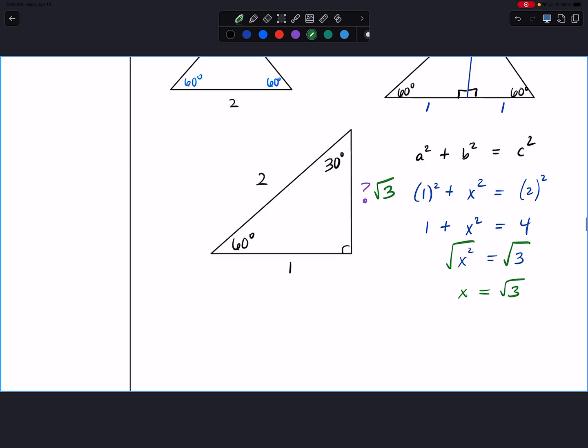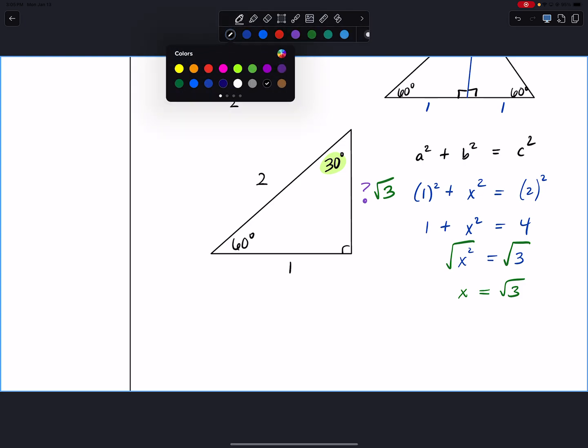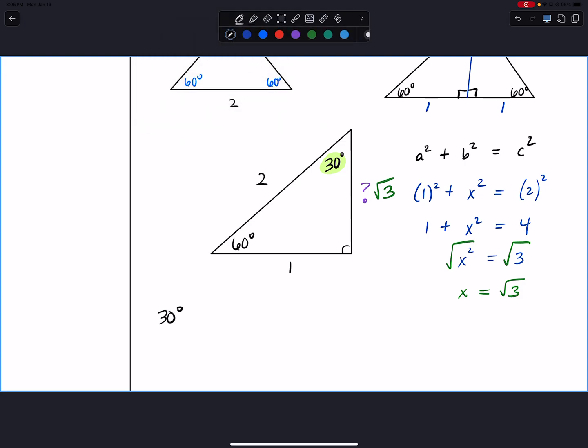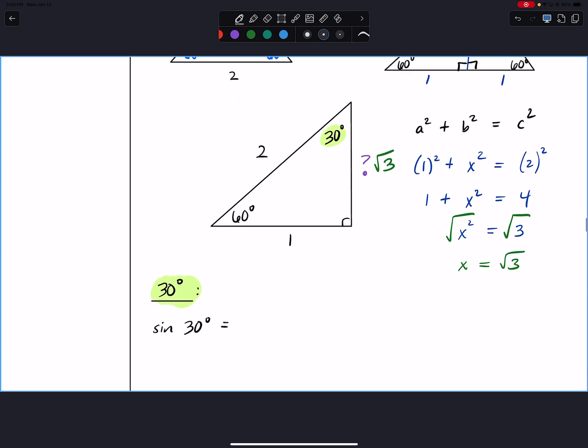All right, so let me prove to you guys what I want to prove to you now. So now that we know that, let's focus on 30 degrees. So talk to me.